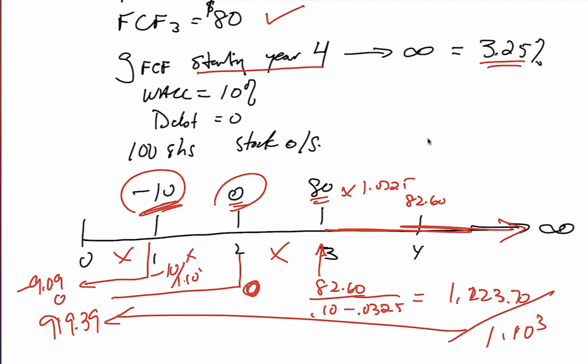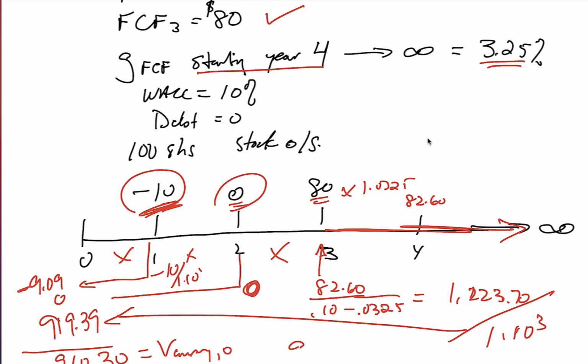But the -10 cash flow comes out to a present value of -9.09. That's going to detract from the value of the firm because you're losing some money. So it makes sense that it detracts from the value of the company. When we add this up, we get 910.30. And that's the value of the company at time 0.